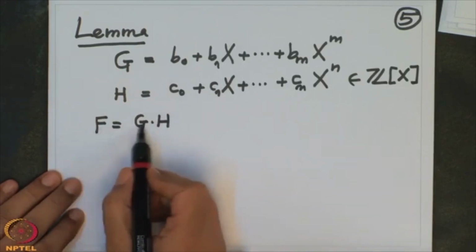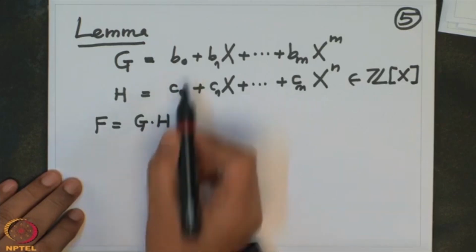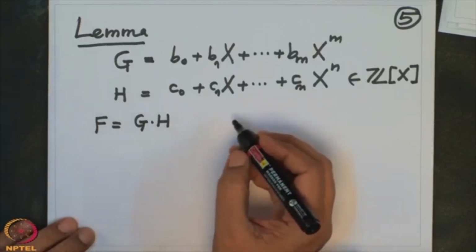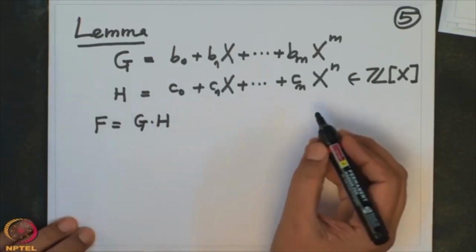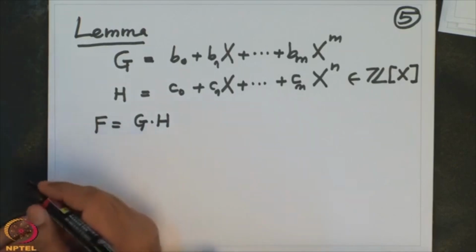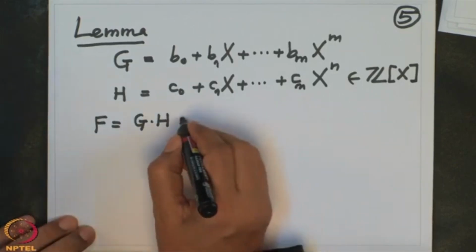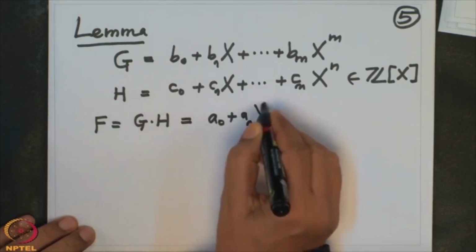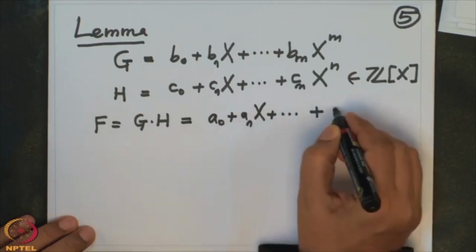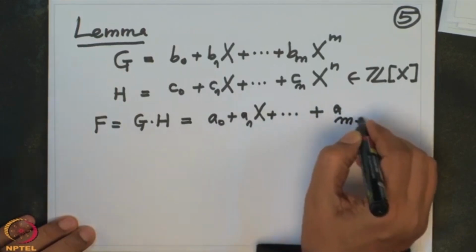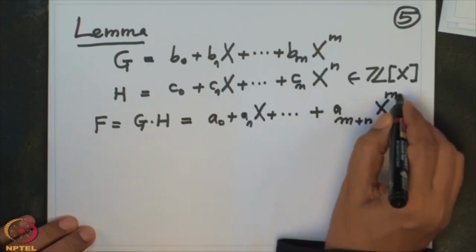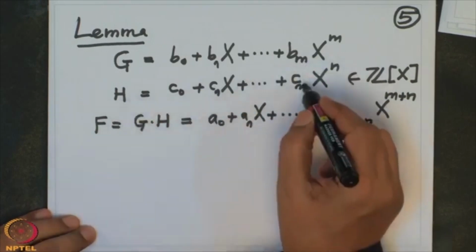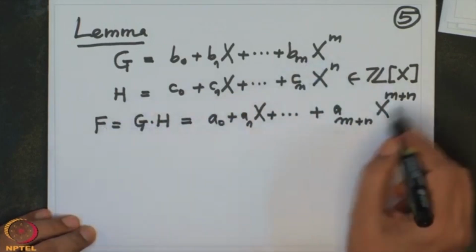By definition f is reducible if g and h are proper factors, that is, m and n are at least 1. This product I have written as a0 plus a1 x plus up to a(m+n) x to the m plus n. So g is of degree m, h is of degree n, and f is of degree m plus n.